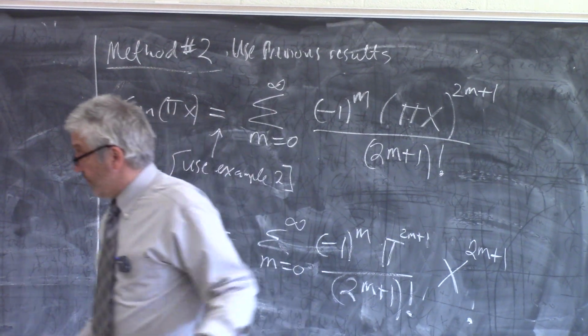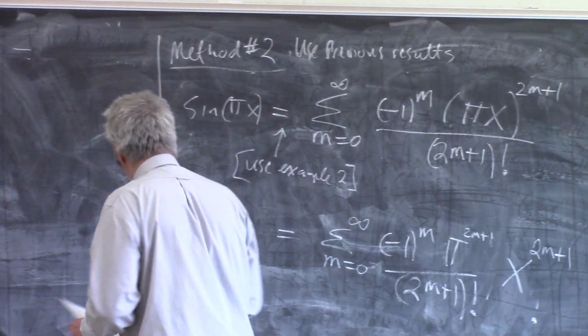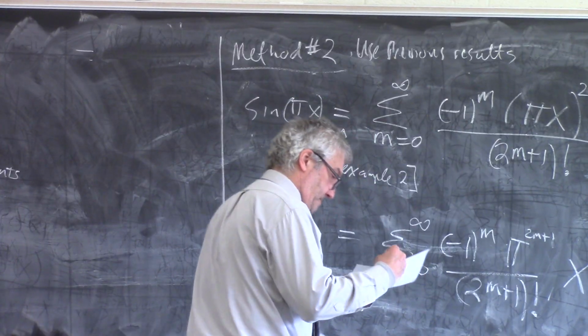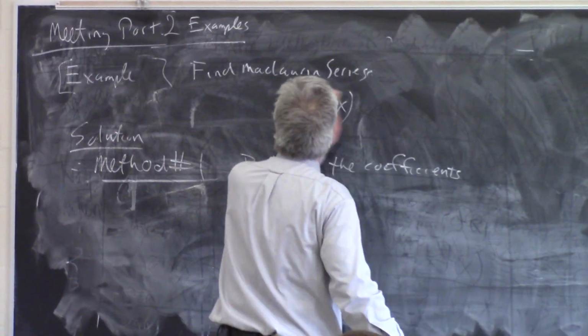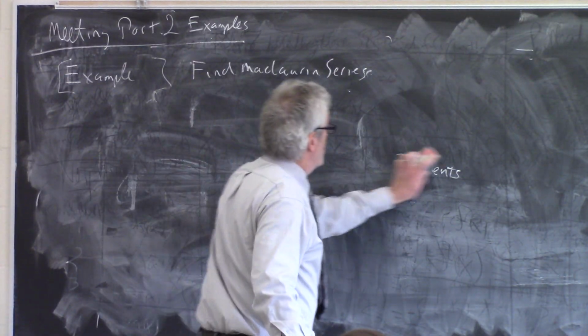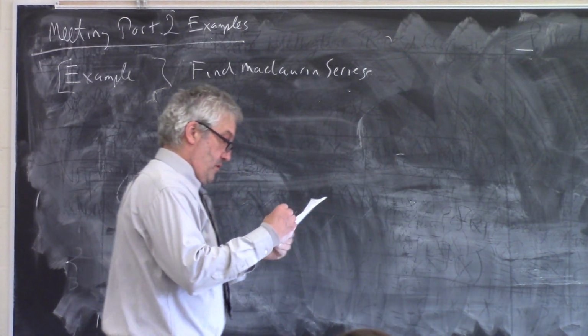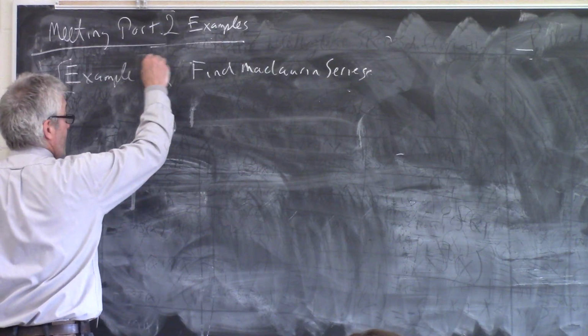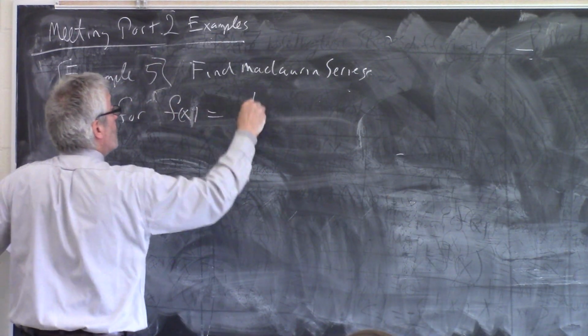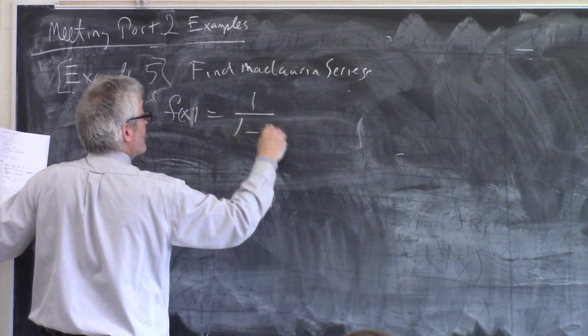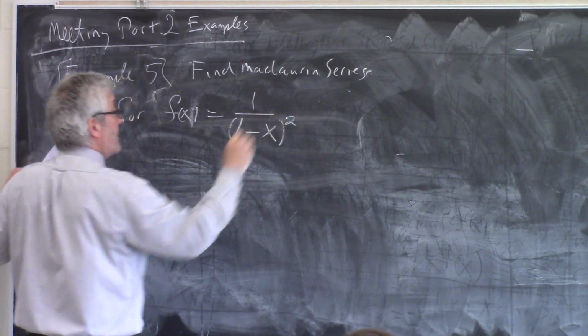Example 5. Find the Maclaurin series for f of x equals 1 over 1 minus x quantity squared.